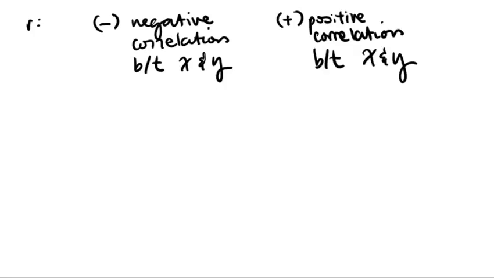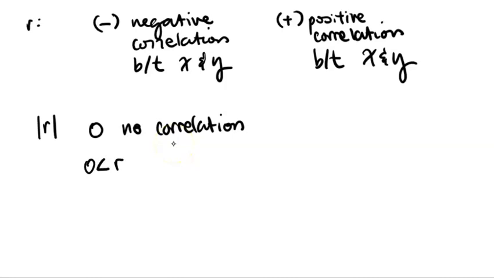And generally, there is a strength level. So we're going to take the absolute value of R now and say if the absolute value of R is 0, of course, there's no correlation, whether it's positive or negative. If you have a value that's greater than 0, but it's still under 0.3, it's a pretty weak correlation, but it does exist.